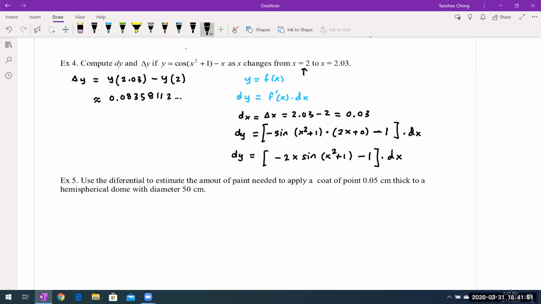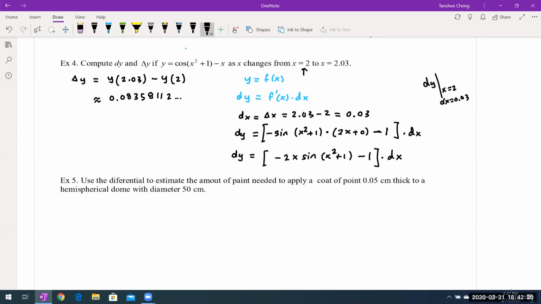That's why in the beginning I mentioned that this differential of y is dependent on x, where your initial point is, and your delta x. So when we are evaluating this, dy is evaluated at x equal to 2, and dx is equal to 0.03.